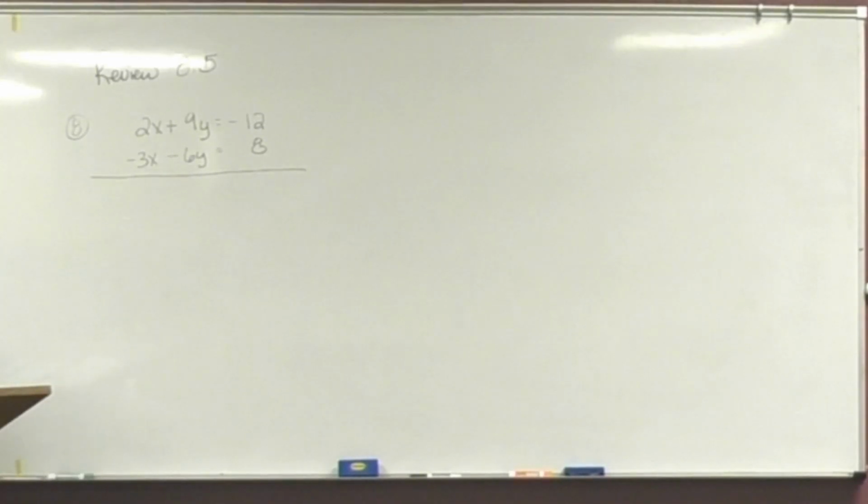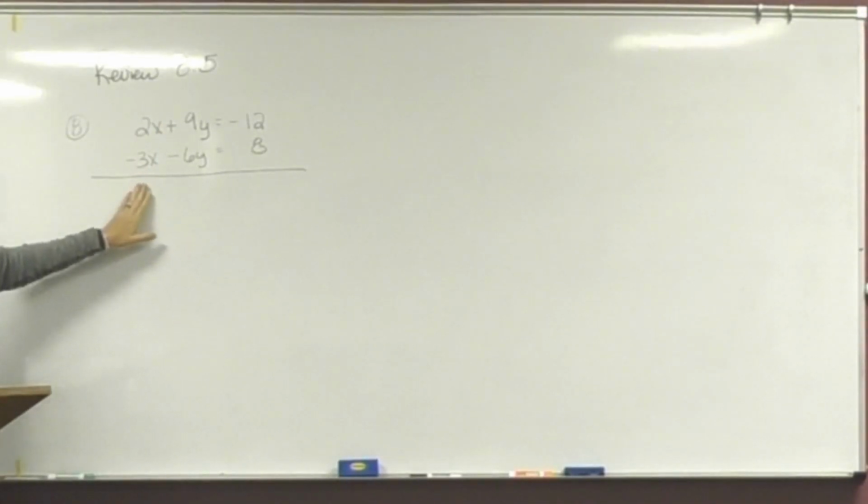So in order for that to happen, whichever one you do first, it doesn't matter, the coefficients have to be exactly the same number, but the signs have to be opposite in order for them to cancel whenever we combine them. Like if I just combined these like it is, I'm going to get a negative x.